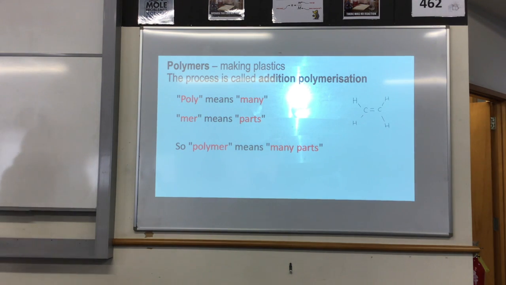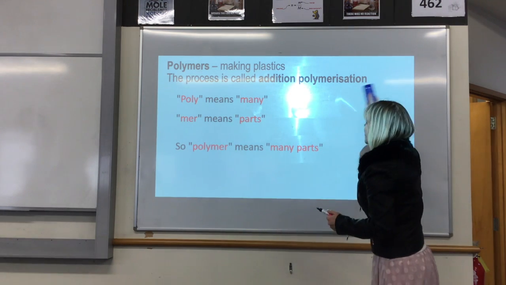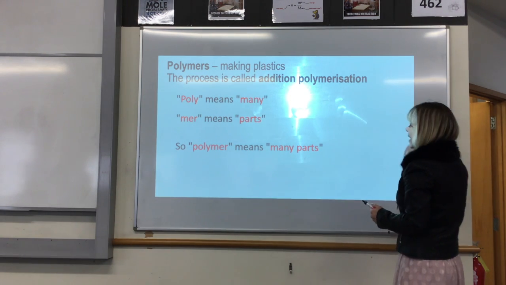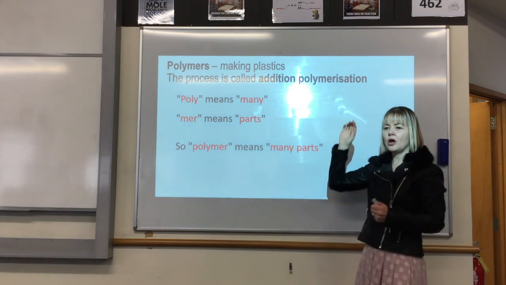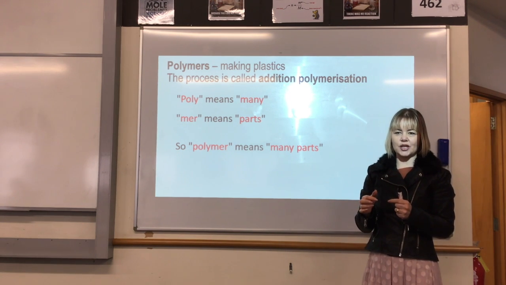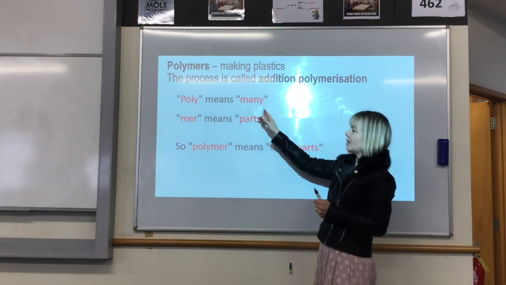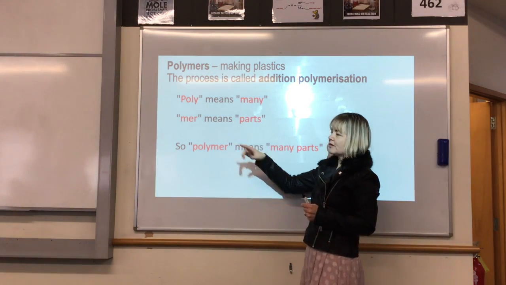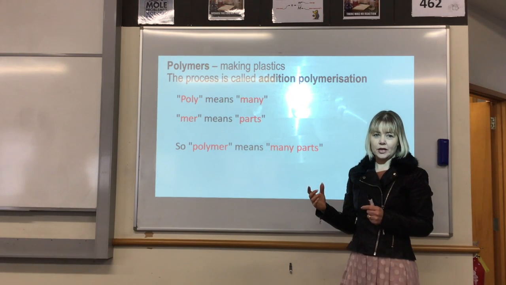You do not need to know this, but it's where the word comes from, okay? So it is the making of plastics, and addition polymerisation is the process. We're always going to find the monomers add together, and that's where the addition comes from. Poly is a word meaning many, and you will be familiar with that in maths from polygons.